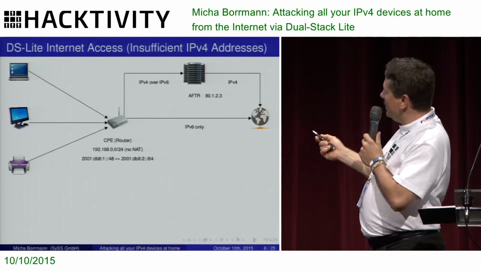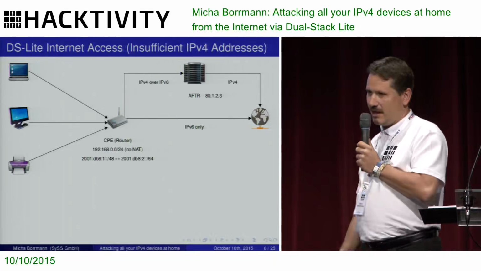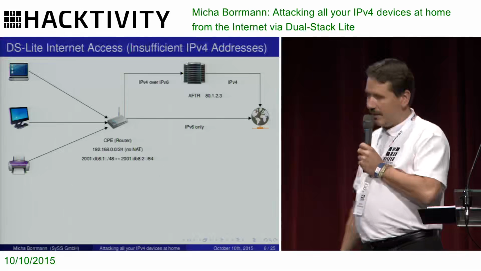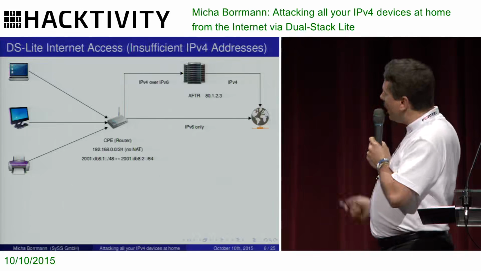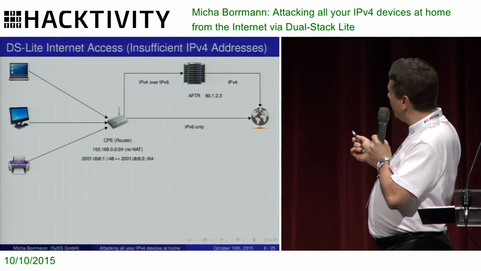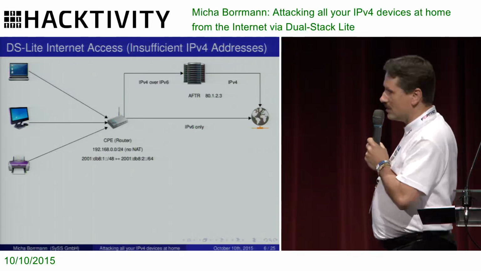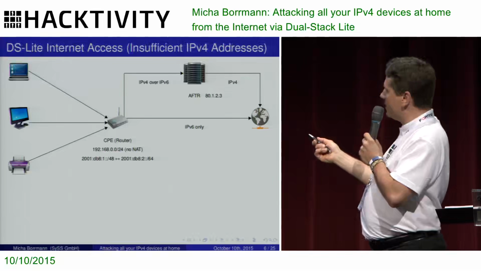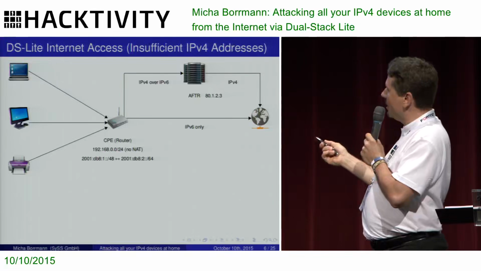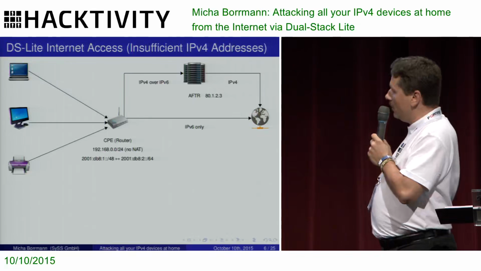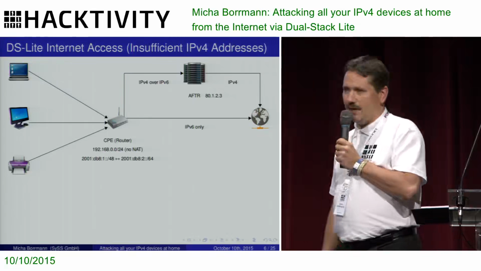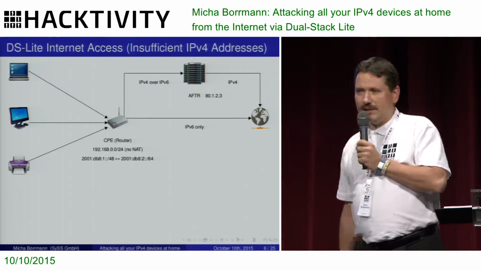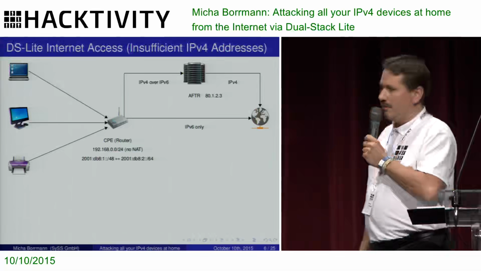This CPE is provided with an IPv6 address from the access provider. And for IPv6, there's no difference to a recent internet access. It means IPv6 is going directly from the CPE to the internet, and in general, all internal devices which have an IPv6 address are also in general reachable from the internet.